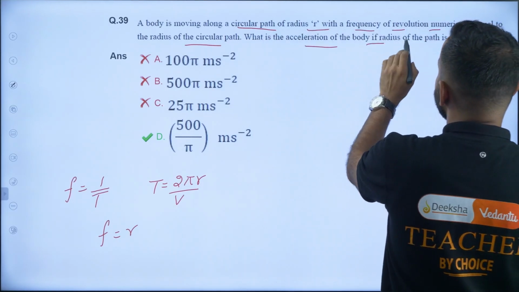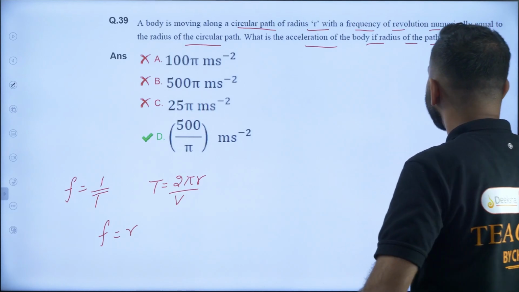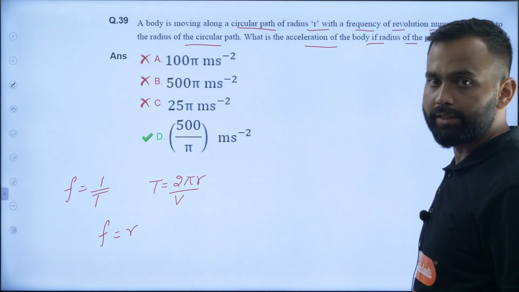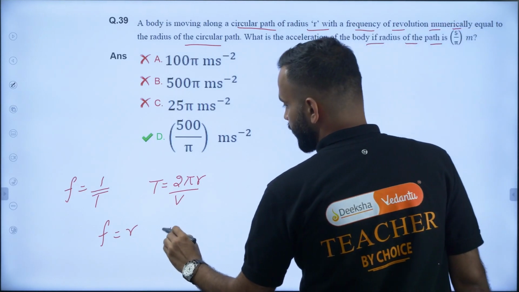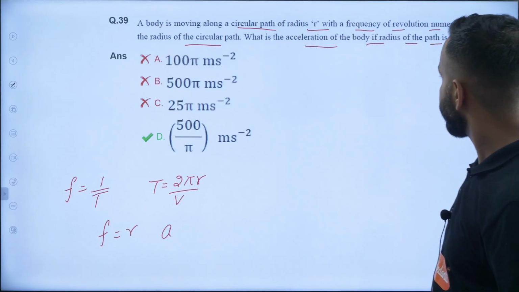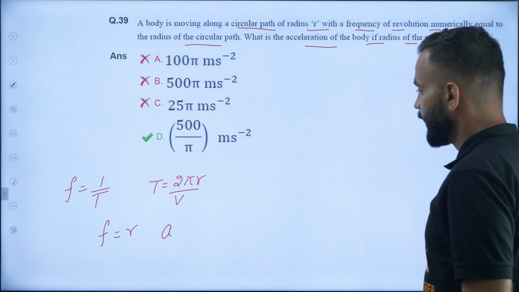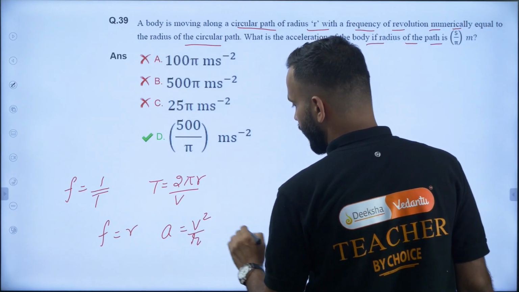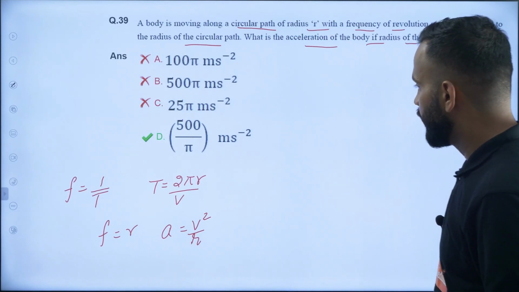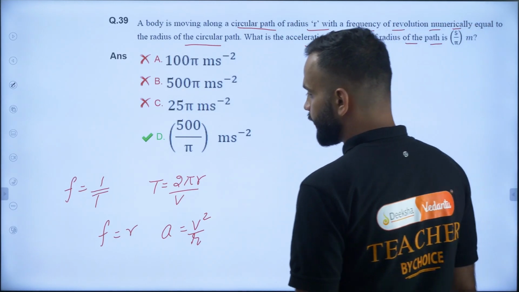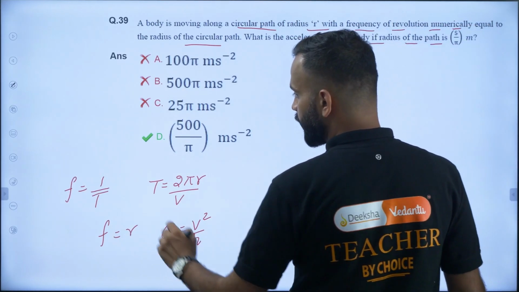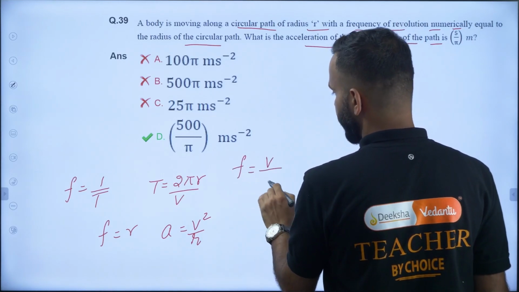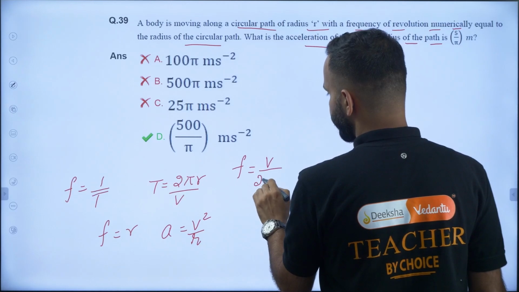What is the acceleration of the body if the radius of the path is 5 by pi meter? So we need to find the acceleration of the body, which is equal to v square by r. Now r is equal to f, and f is equal to 1 by t, that is v divided by 2 pi r.